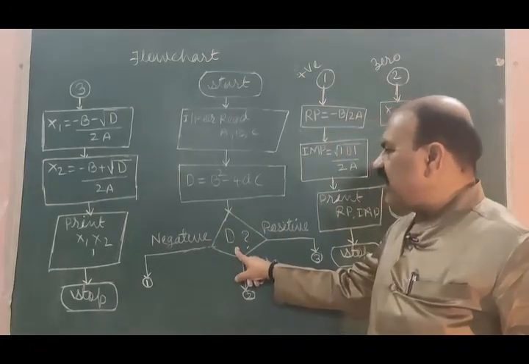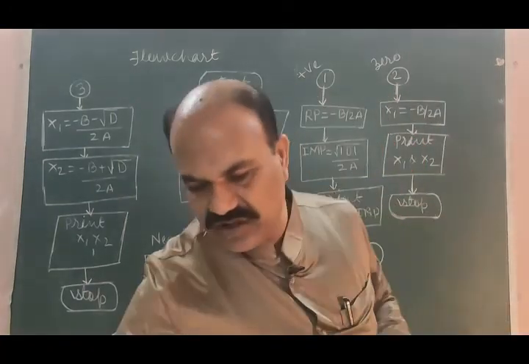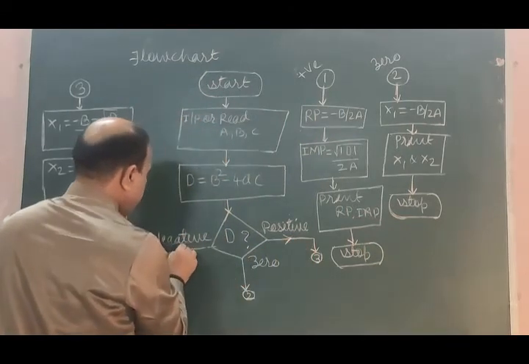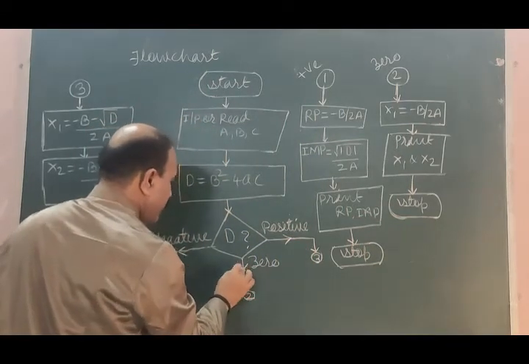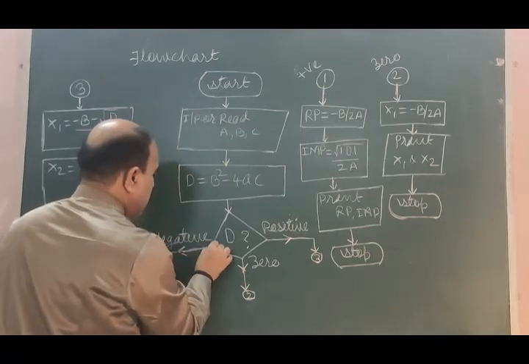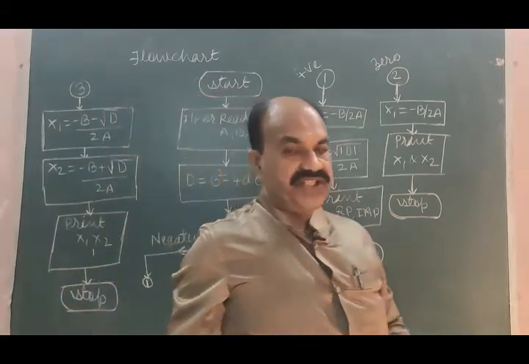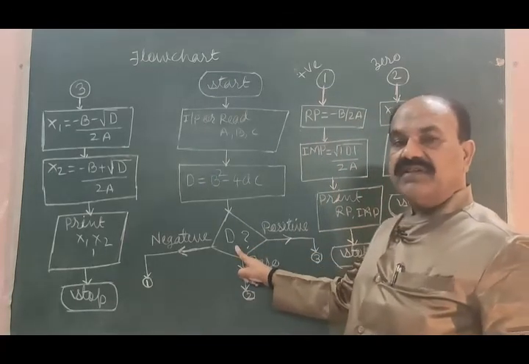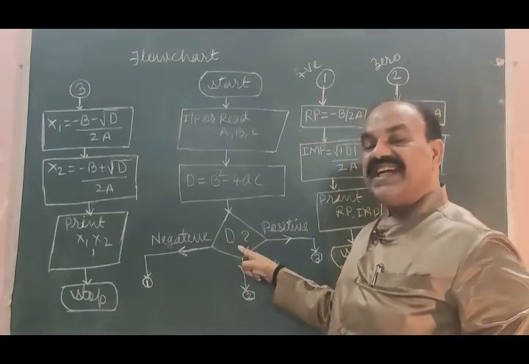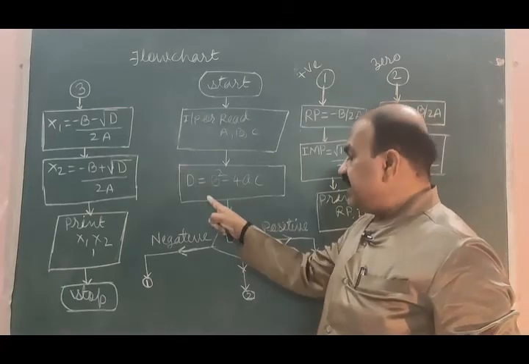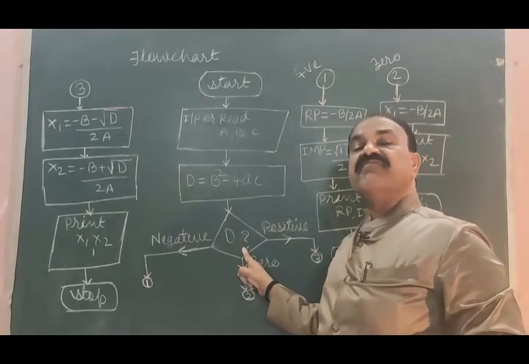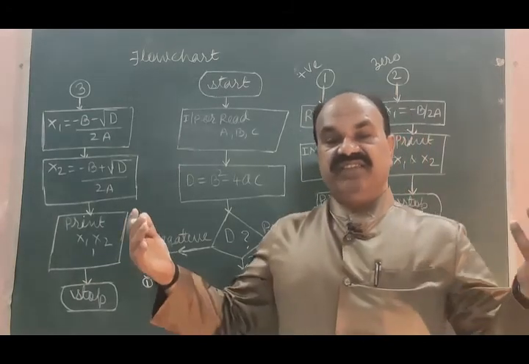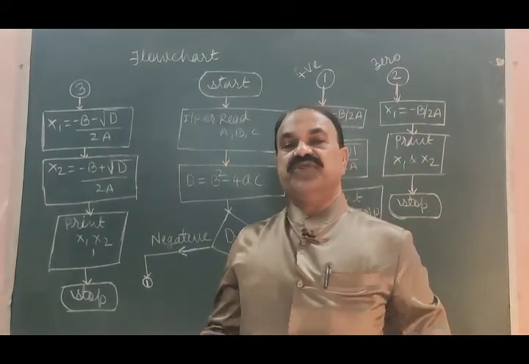Then we take a diamond. Diamond is decision making. Inside the diamond we have written this capital D followed by question mark, meaning that what is D? Whether D is 0, negative or positive.